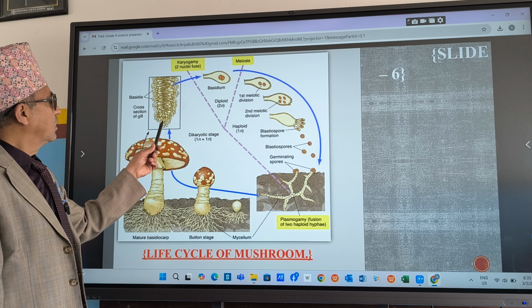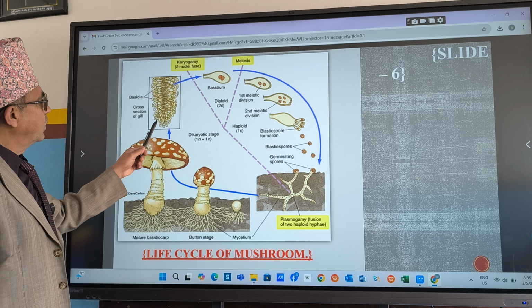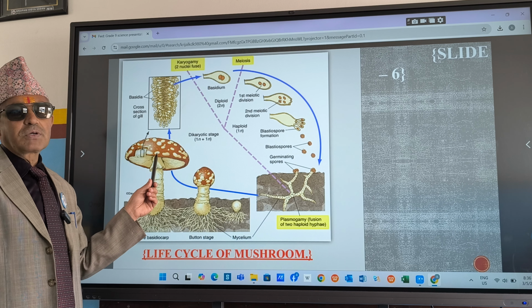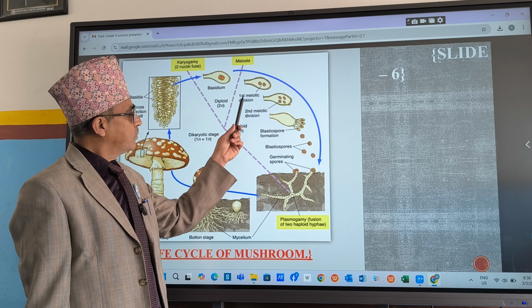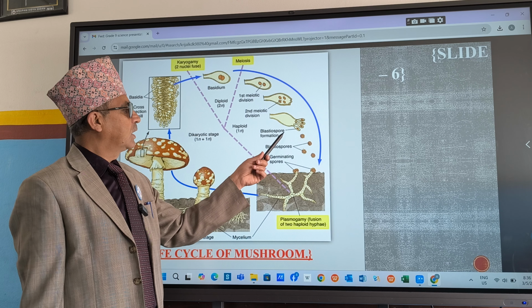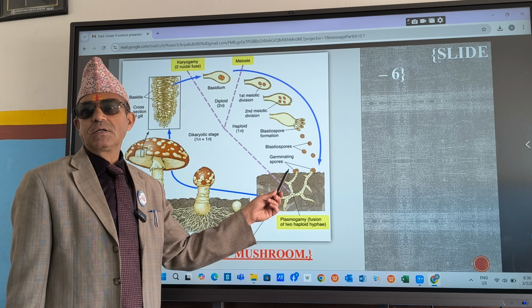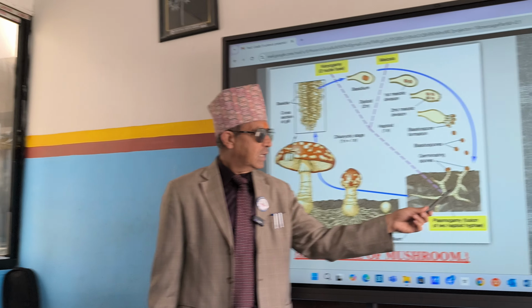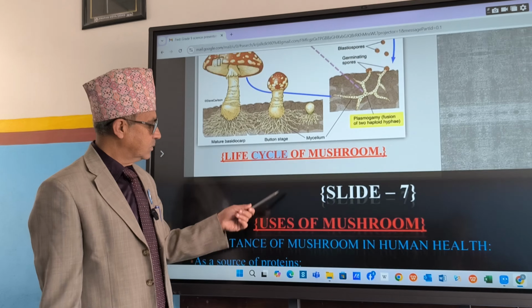In asexual, basidiospores are produced. They are haploid. And when those basidiospores germinate, they give rise to two types of primary mycelia. Some are positive type, some are negative type. They fuse and form secondary mycelium, that is sexual reproduction.